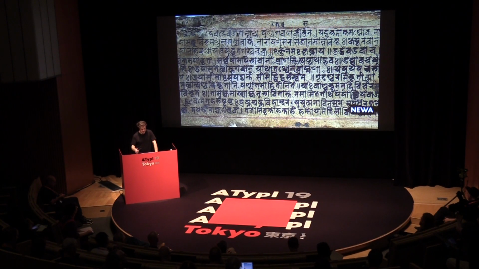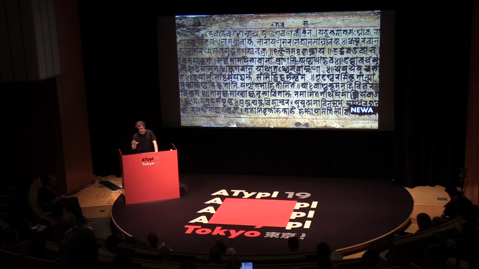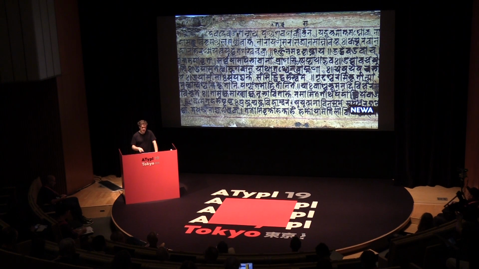Another one in a similar situation is Newa. This one, we actually have some Newa people here. We have Ananda from Nepal, who I'm very happy to have join us this year. He will also, later today, Ananda and Sunita will do Ranjana, another script from Nepal, a Ranjana demo writing in that script.